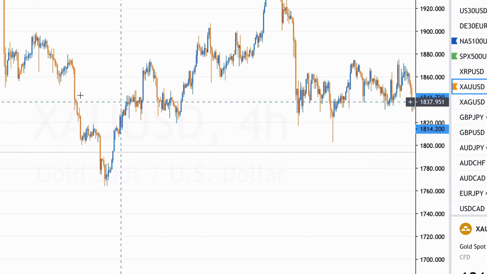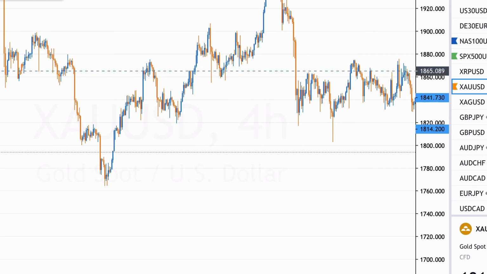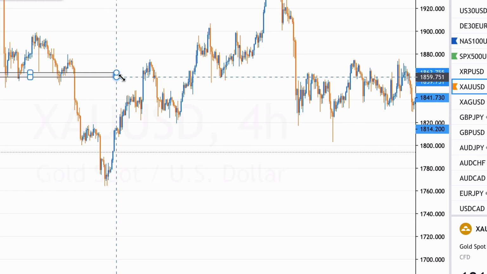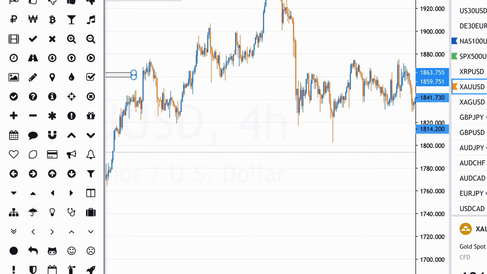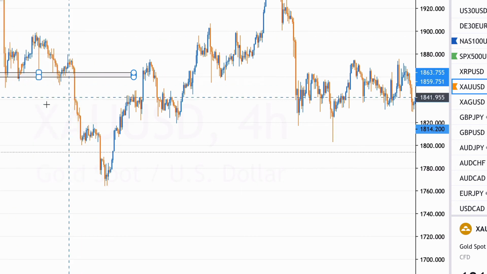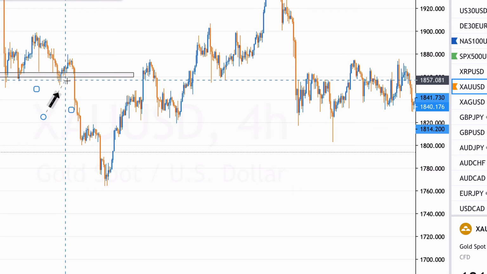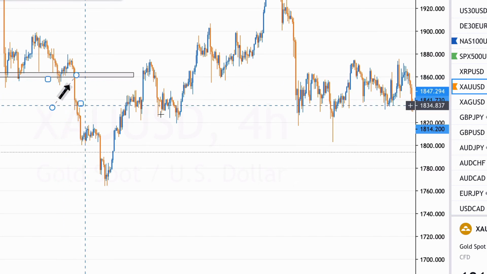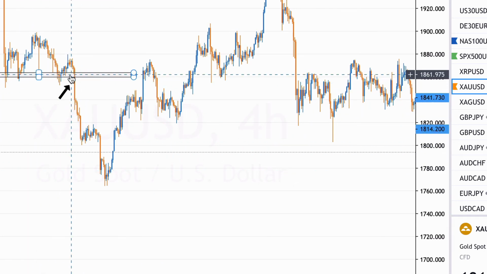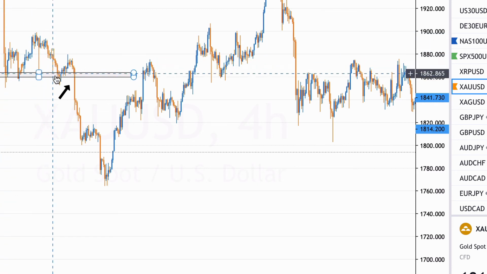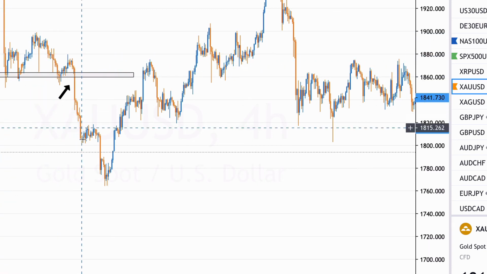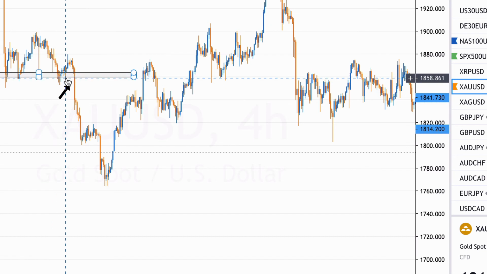So for example, if you look in this area right here, here was a break of structure. Right here. It broke out of a head and shoulders pattern, and then it just dropped. There's the break of structure.